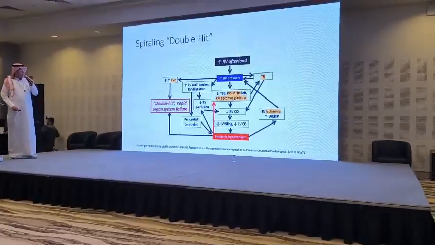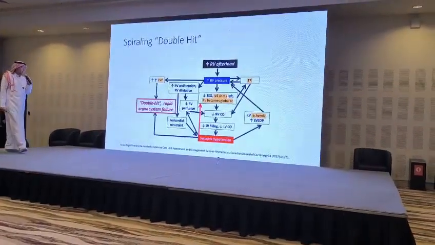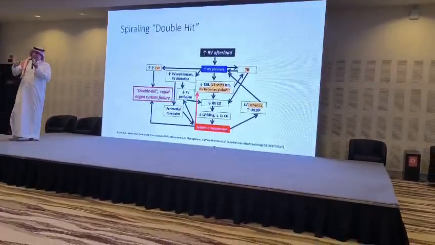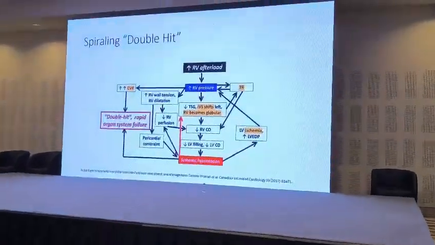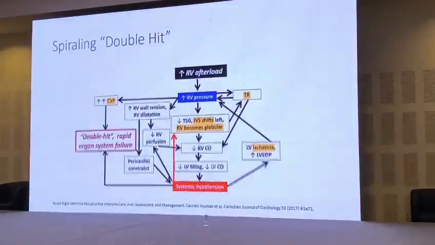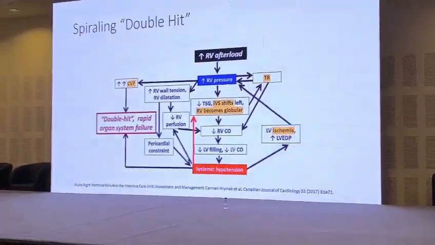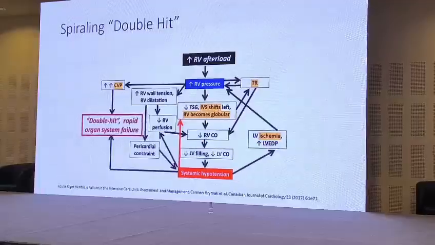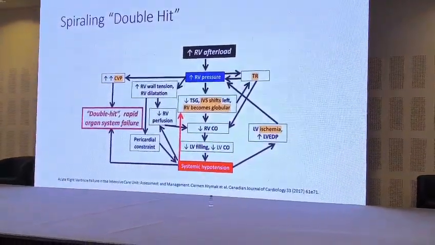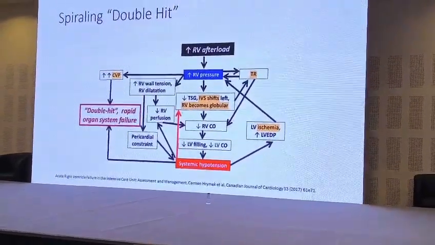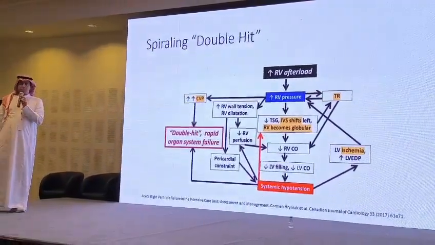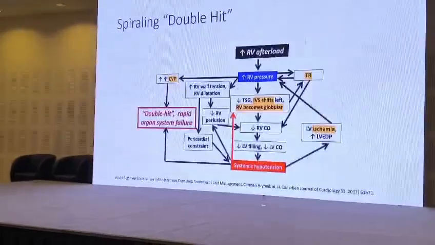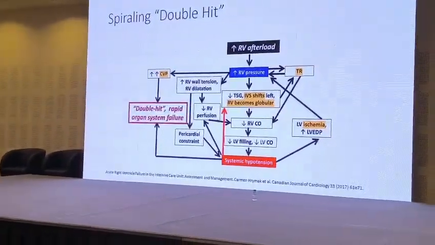So what do I mean by spiraling syndrome? There are four events that happen when an acute RV failure ensues. First, the double hit problem, where the increase in CVP increases congestion in organs, which makes the perfusion problem even worse. Second, the TR, which starts as a secondary TR but ends up as a primary TR when the annulus dilates.